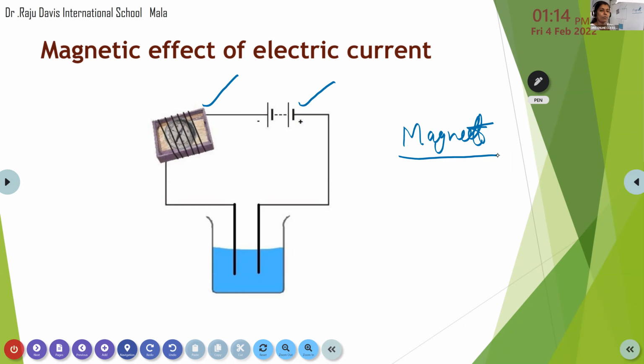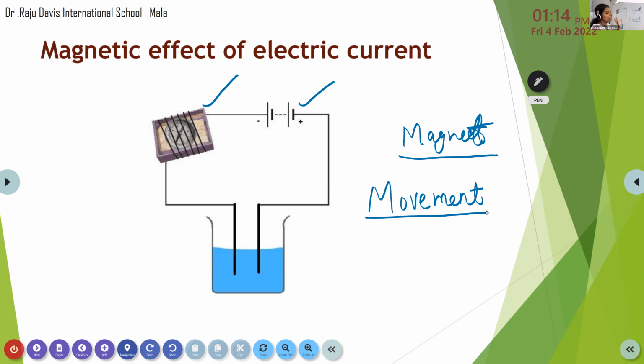Is there any movement of the needle? Actually, what is this magnet? One needle is there, no? The compass, or magnetic compass.